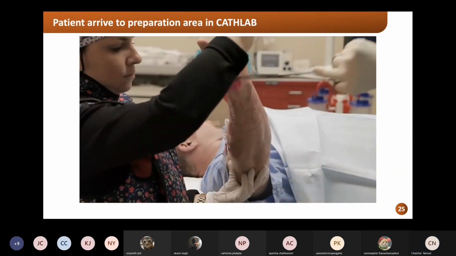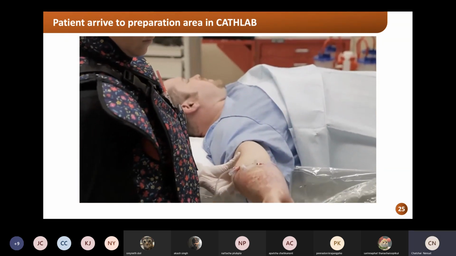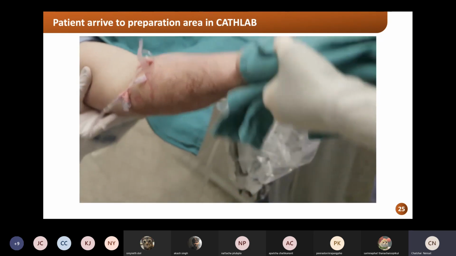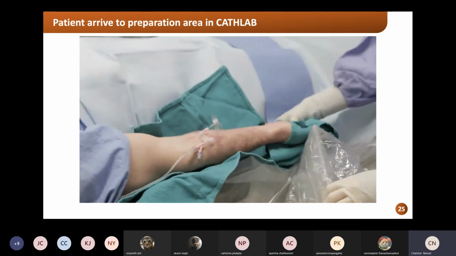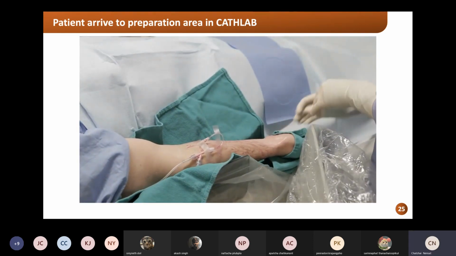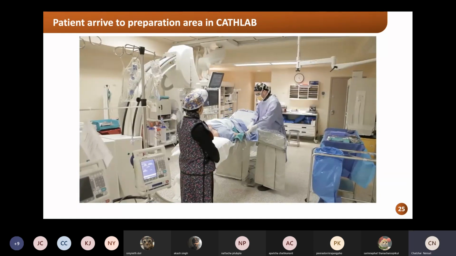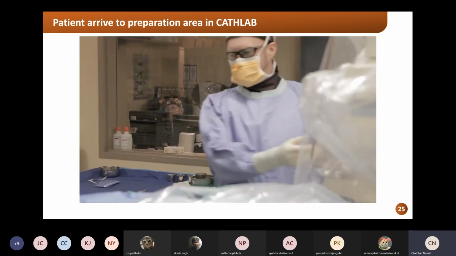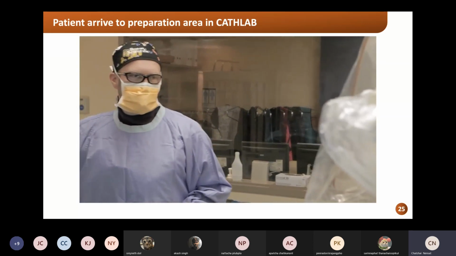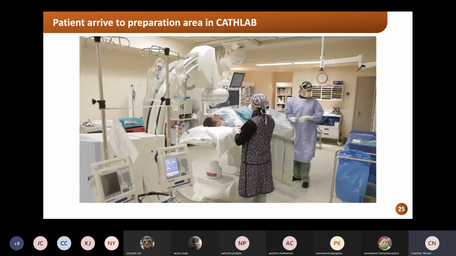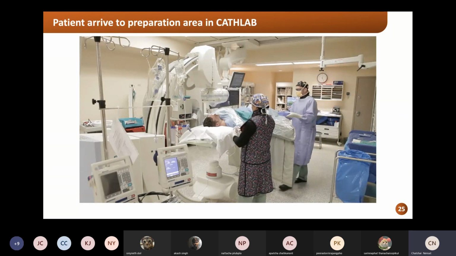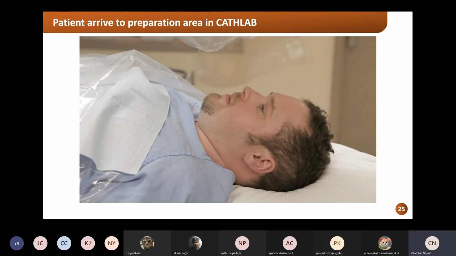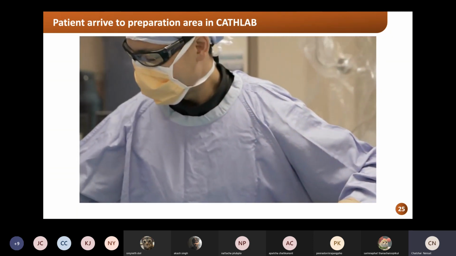And here, if we are the scrub technician, we will prepare the site of the puncture. In this case, the patient will have the procedure through the radial artery. And here the scrub technician will drape the patient to make a sterile area for doing the procedure. In this case, you may see that the open IV line exists on the right arm of the patient, right?